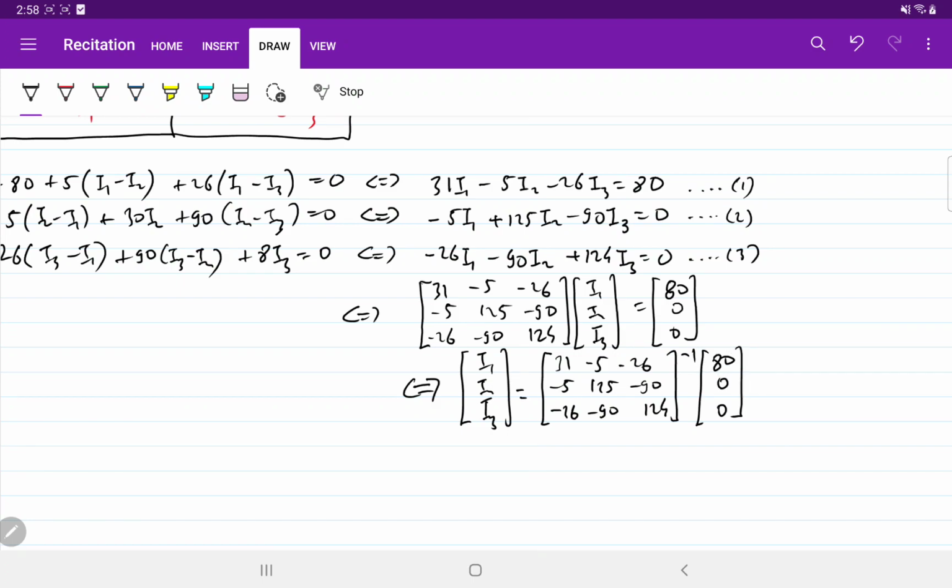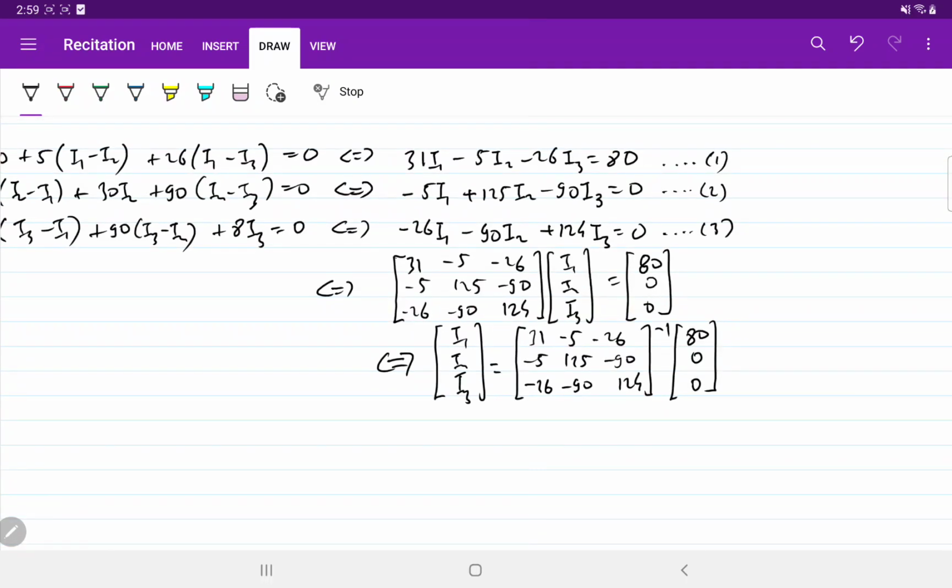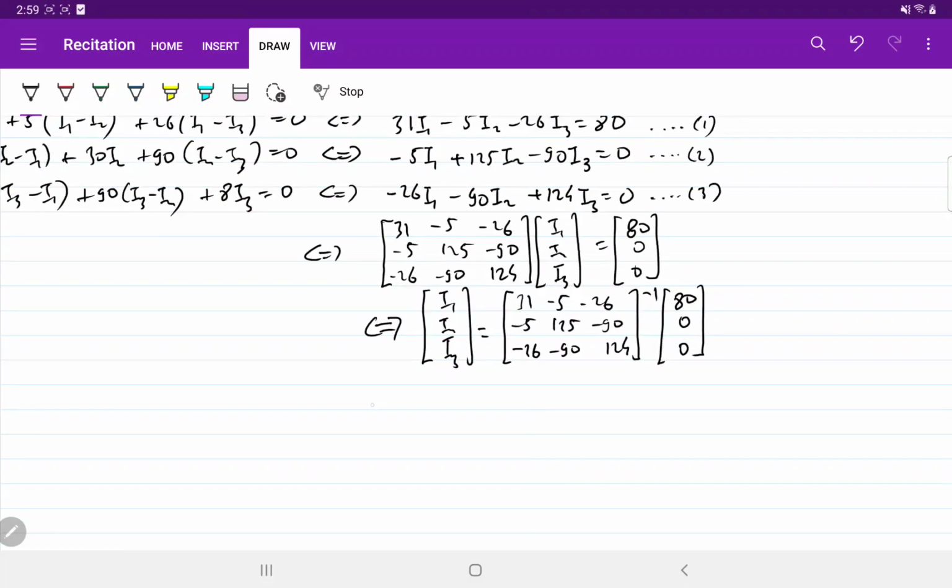Okay, again, you should be able to compute the inverse of a 3 by 3 matrix from the linear algebra class that you took. So you compute this, we get 5, 2, 2.5.